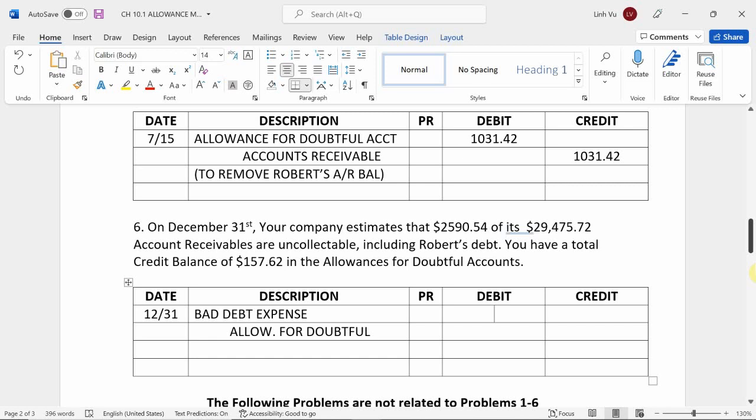Take it from 29. What do you mean by take it? Not 29, I mean 25.90. What do you mean by take it away? Like we minus it, because this is how much we need to put in the debit. What tells you that you need to subtract?